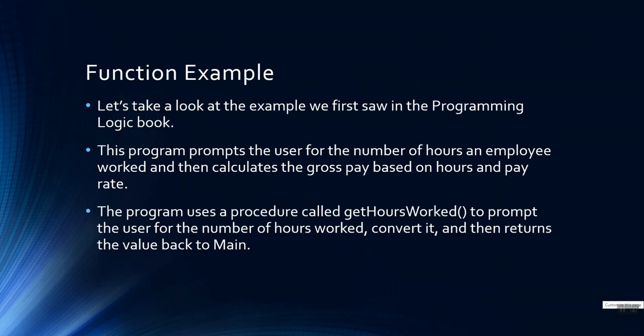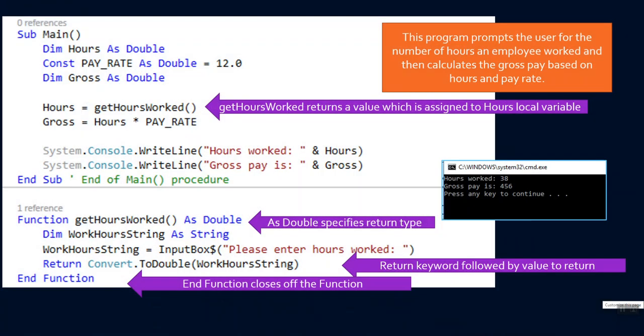But we want to get our feet wet creating procedures and executing them so that we can understand how all this works in a smaller environment. So we're going to create a procedure called getHoursWorked that's used to prompt the user for the number of hours worked, convert it, and then pass the value back to main. So let's see how that works.